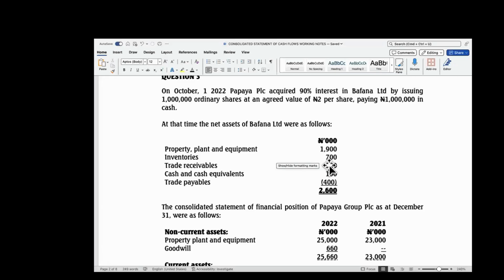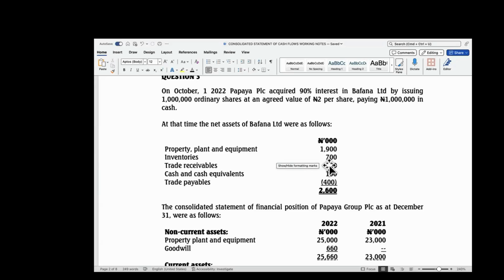Let me see. How much was the purchase consideration here first? 2 million naira, sir. There are two different considerations there. There is one in shares and there is another in cash payment.